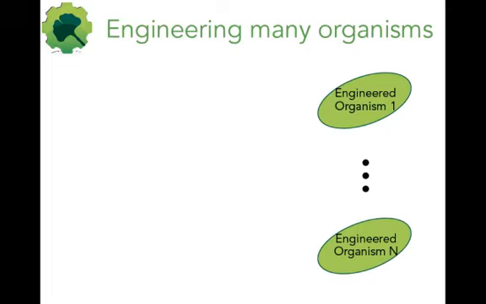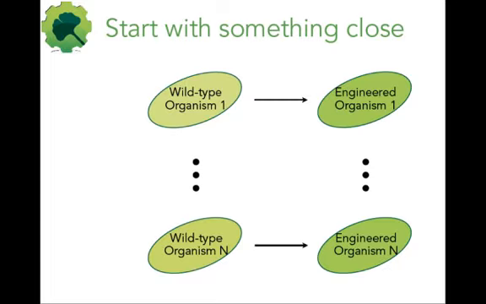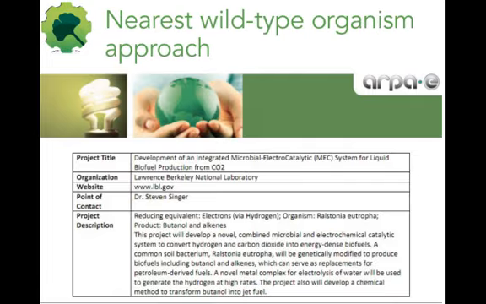One way to get to these final organism products would be to find a wild type organism, something that nature has provided that is close, that is something akin to what the engineered organism is you're trying to build, and then move that wild type organism towards the engineered organism you would like. So there are many good examples of this as a successful approach, this nearest wild type organism approach.